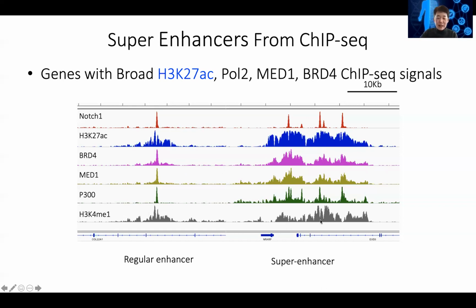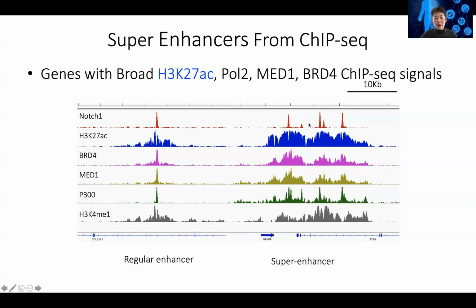But interestingly, there are also regions in the genome which have not only strong binding, their K27 acetylation signals are much, much stronger, not only in terms of height but also in terms of the width of the peaks, very broad and high peaks.